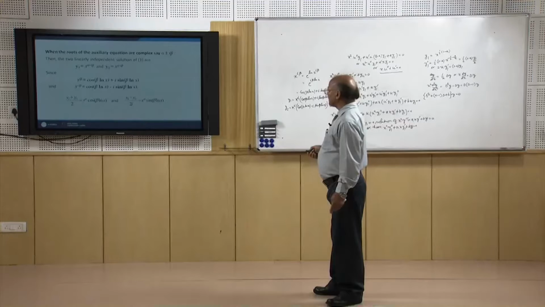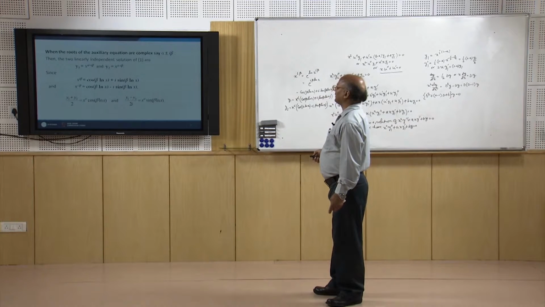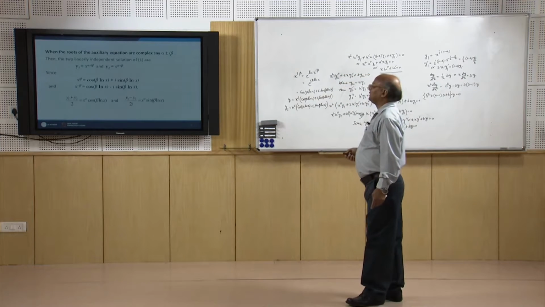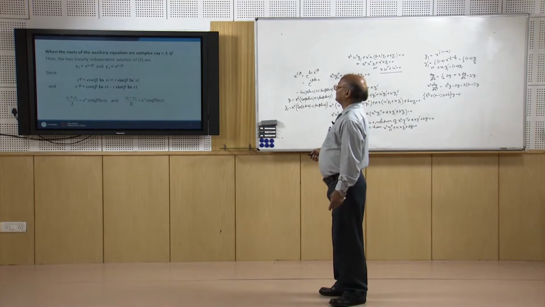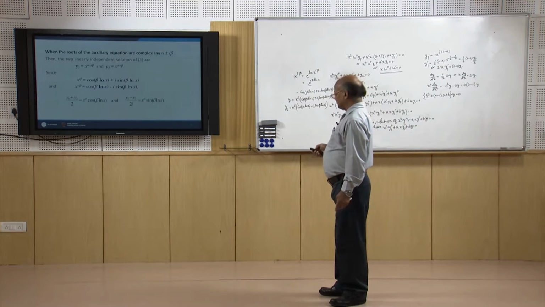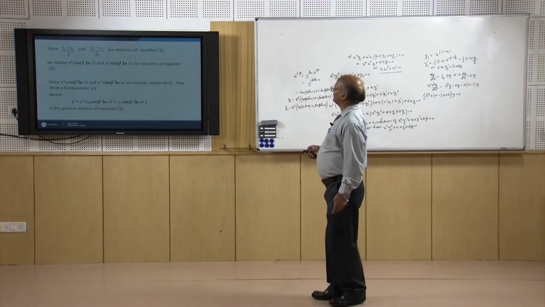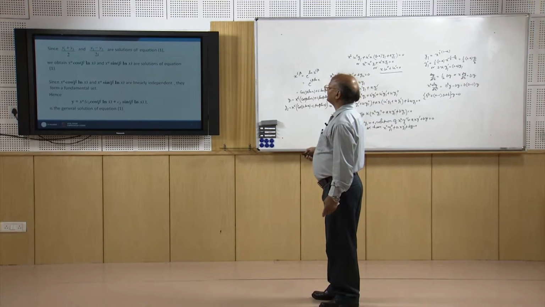Now further we note that they are independent of each other, because when you divide one by the other it does not come out to be a constant. So they are both linearly independent, and therefore the general solution can be written as y equal to x to the power alpha times c1 cos beta ln x plus c2 sin beta ln x.